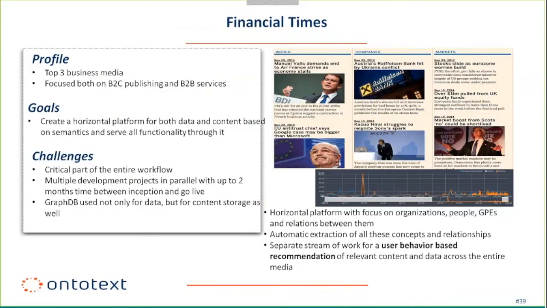Another example is the Financial Times, who approached us and wanted to design a horizontal platform for both data and content. This platform is currently in production. However, you can already see some of its functionality on the Financial Times website. In particular, when reading a given article, the related articles are recommended through our platform.